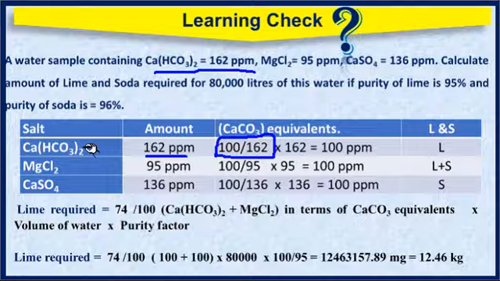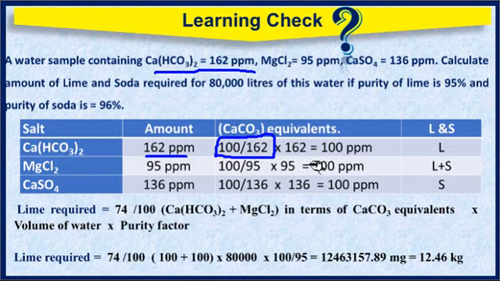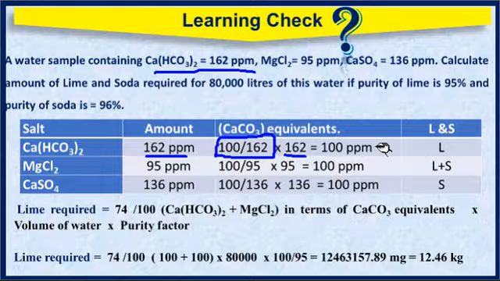In case of calcium bicarbonate, the molecular weight is 162. So 100 by 162 is the multiplication factor for calcium bicarbonate. The amount of calcium bicarbonate is also 162 given in the numerical, so we multiply it by 162. So the answer is 100 ppm. We know that calcium bicarbonate requires 1 mole of lime.